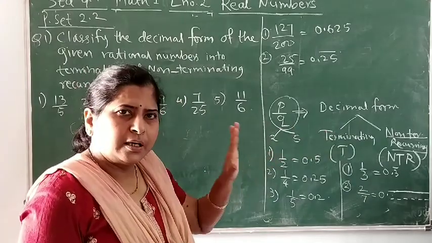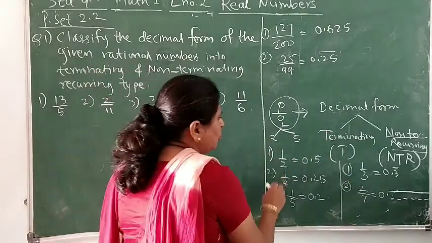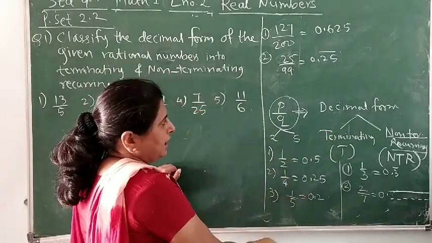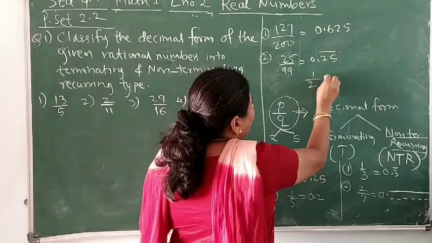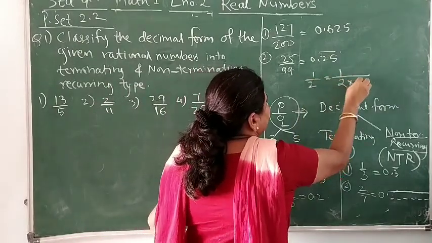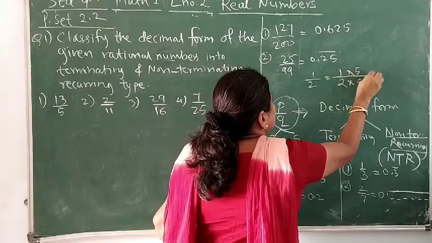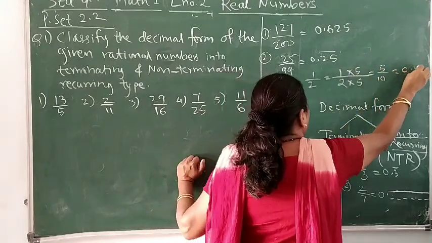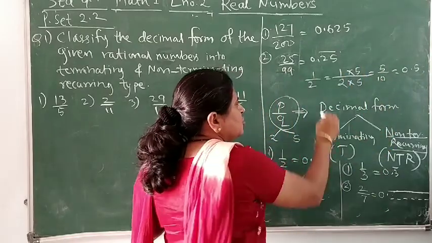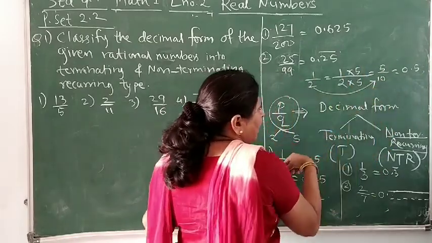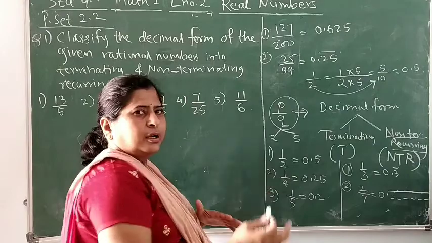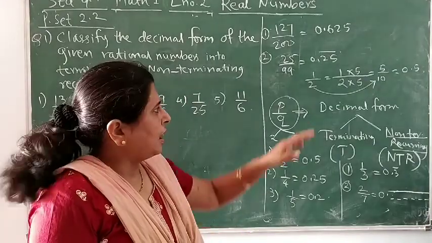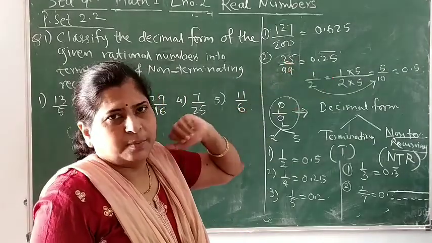The reason behind it is simple. If it is 2, we can convert it into 10 easily. So if it is 1 upon 2, we multiply by 5: 5 1s are 5, 5 2s are 10, so the decimal is 0.5. We get it terminated. So 2 can be converted into 10, or even 5 can be converted into 10 easily, and we can get its decimal fraction.